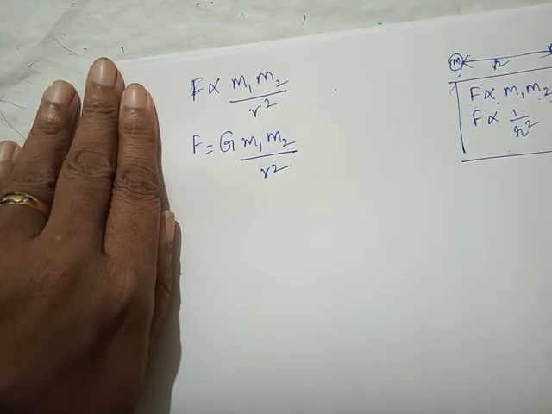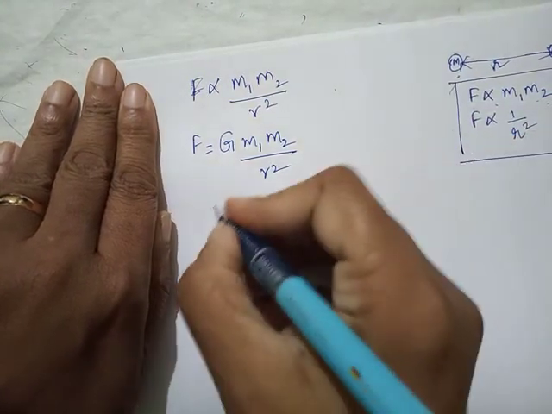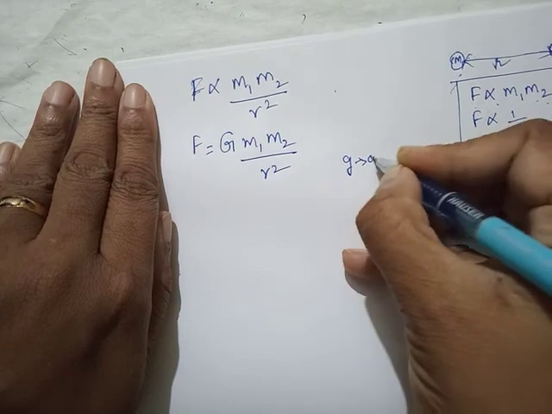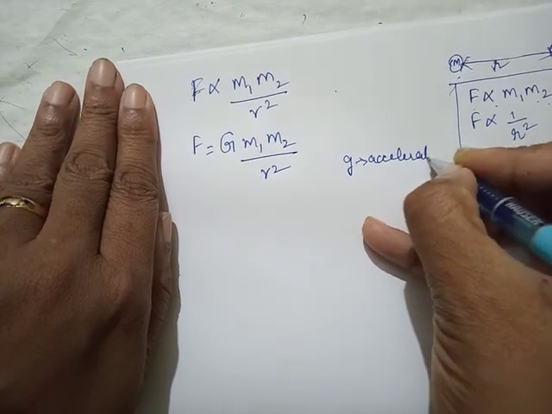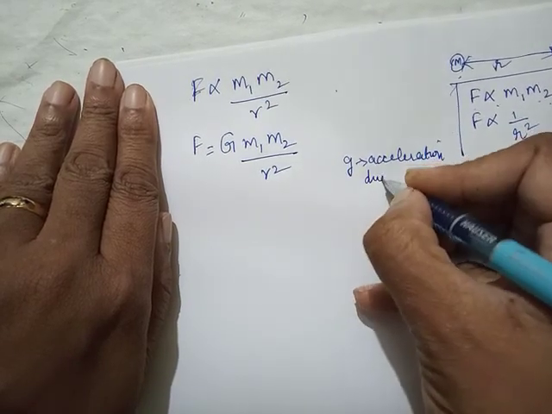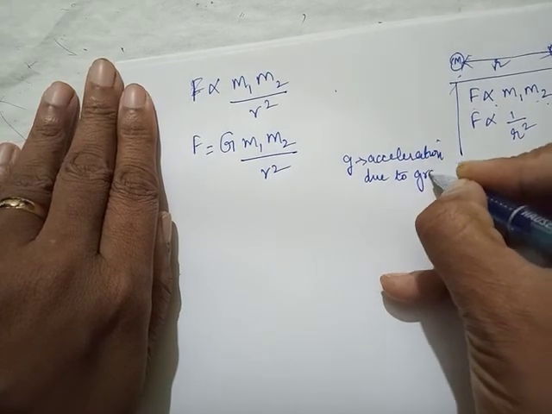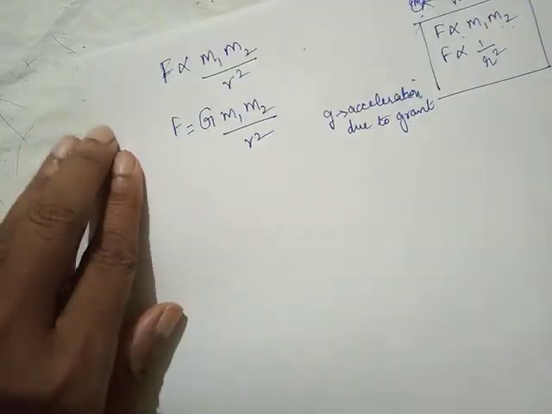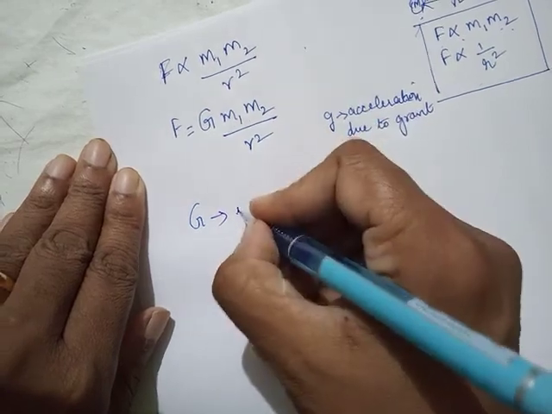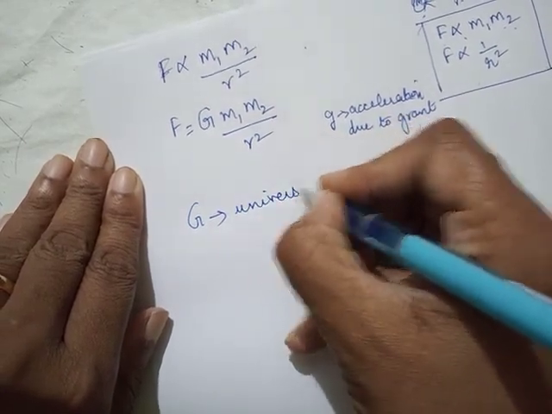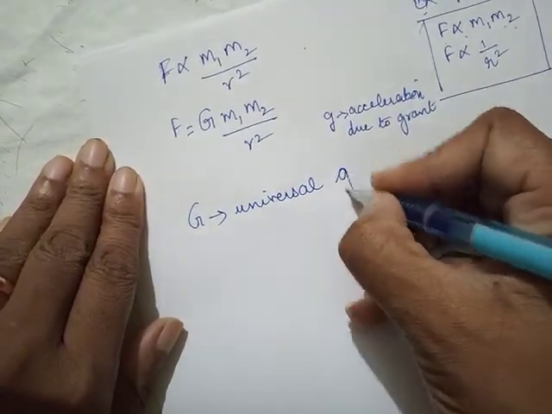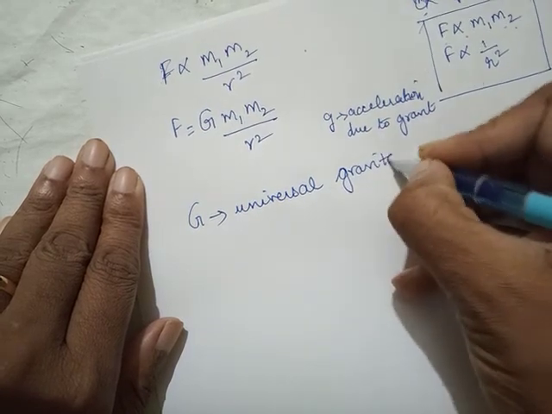Now, capital G, you all know about small g, that is acceleration due to gravity. That is different from this G. What is this G? This G is called the universal gravitational constant.